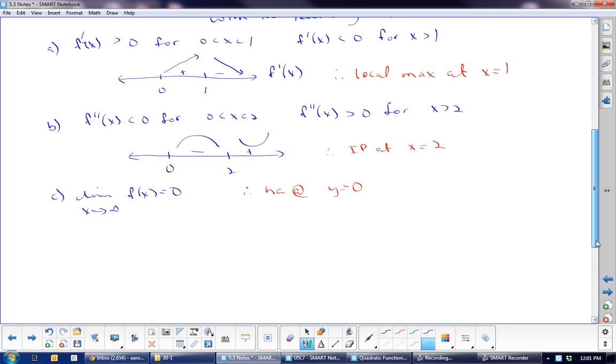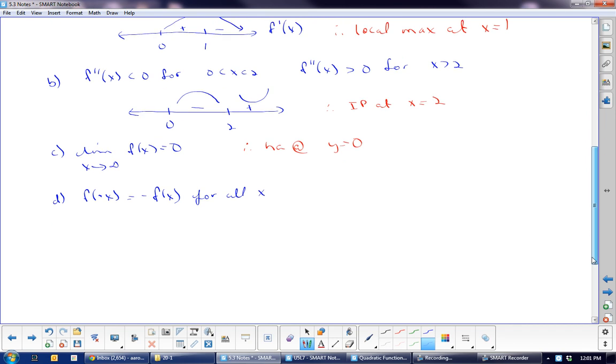Okay, and they also said that f of negative x equals negative f of x for all x. Now, whenever you can substitute negative x in, and it comes out as negative f of x, this is considered an odd function.